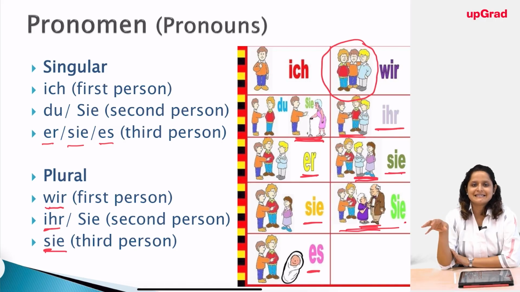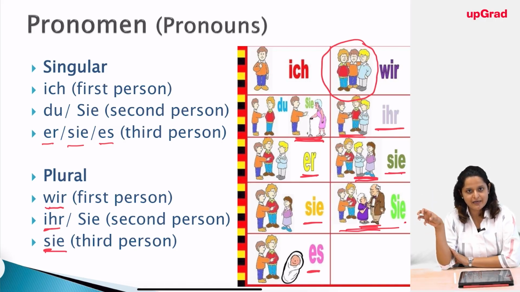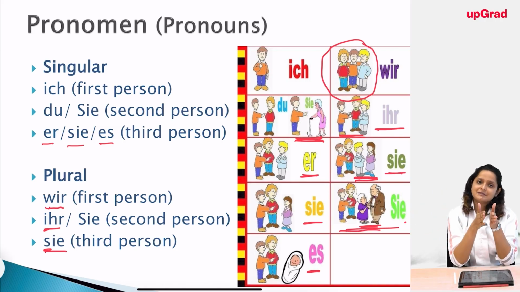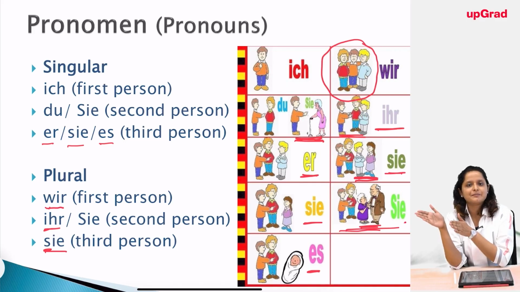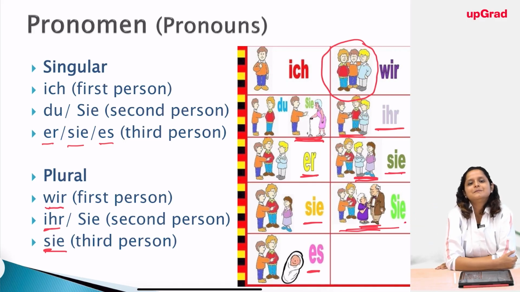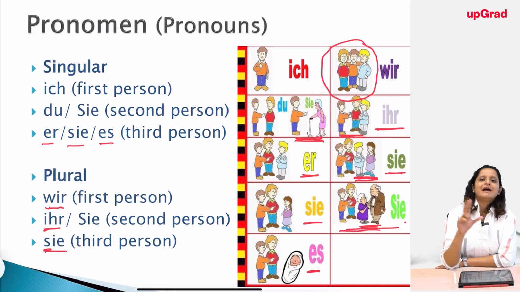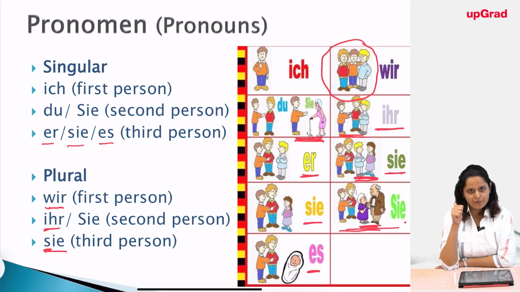What matters is that they are referred to together as one, but indirectly. When you refer to a third person indirectly, and this third person is more than one, collectively it is addressed as ze plural. So, in general, you have three pronouns: first person, second person, and the third person.